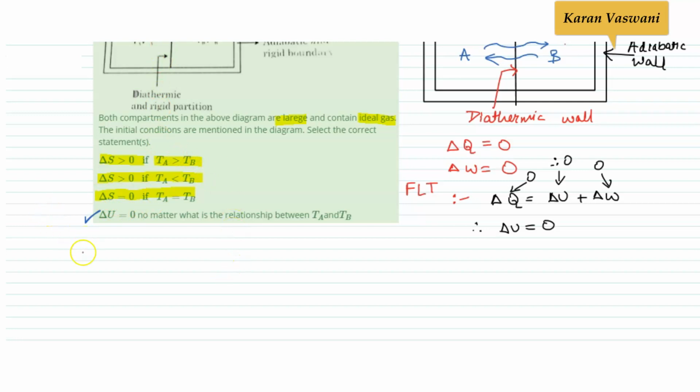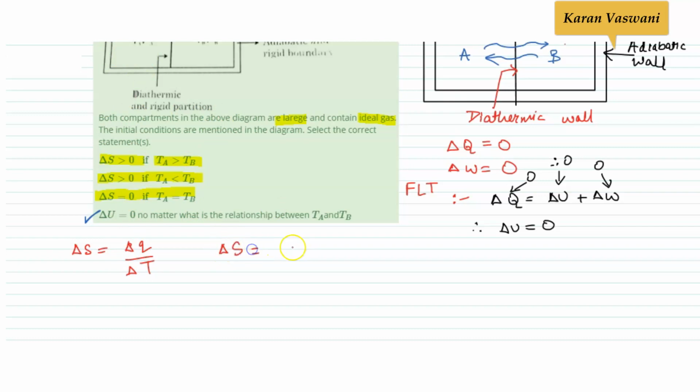Change in entropy means delta S is equal to delta Q upon T, the heat energy change over the temperature.